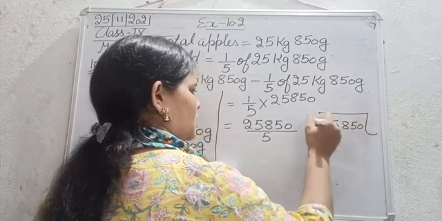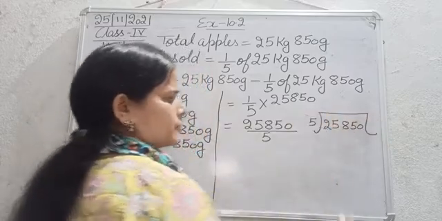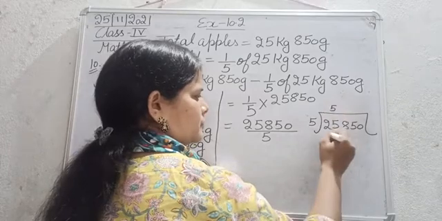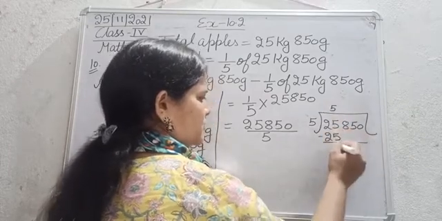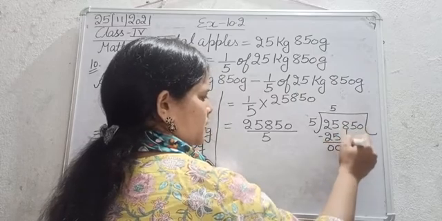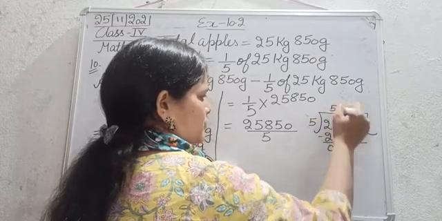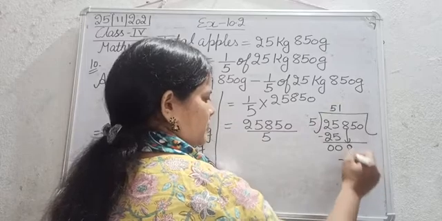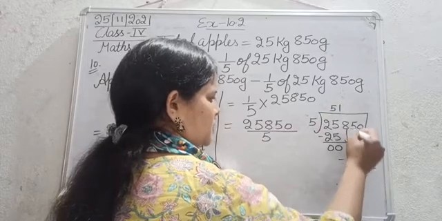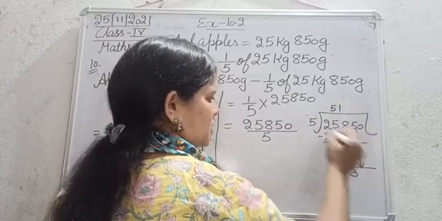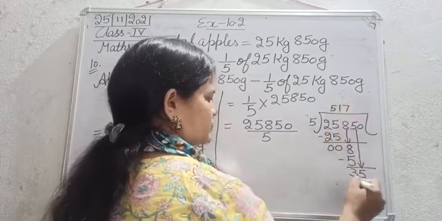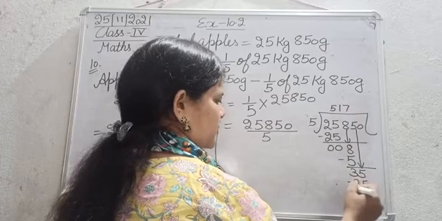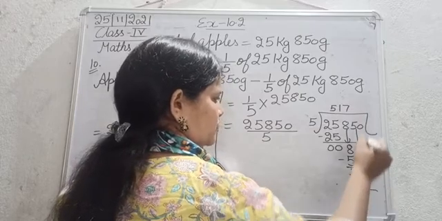25,850 divided by 5. 5 fives are 25. 25 minus 25, 0. Bring down 8. 5 ones are 5. 8 minus 5, 3. Okay, this is 5. 5 sevens are 35. 0.